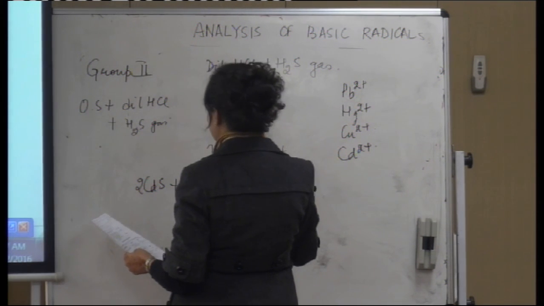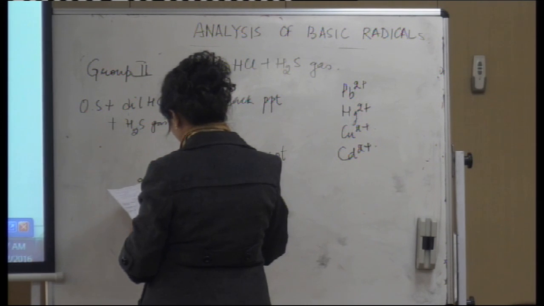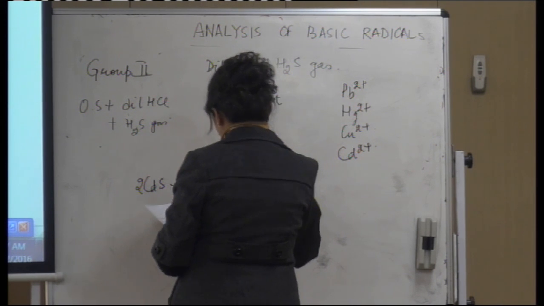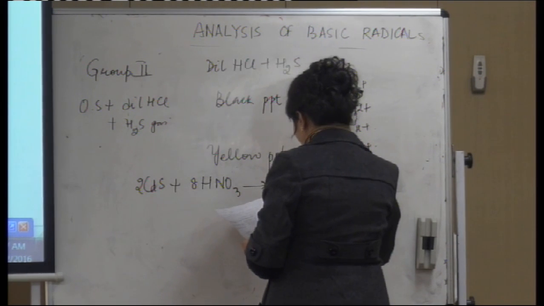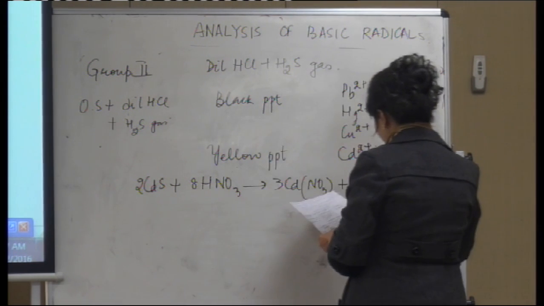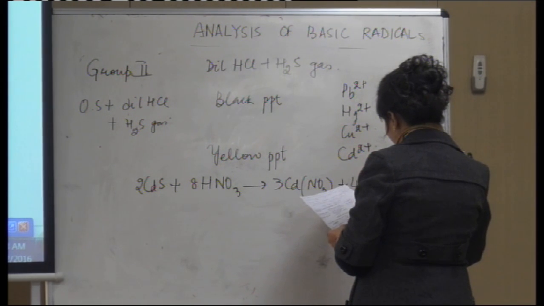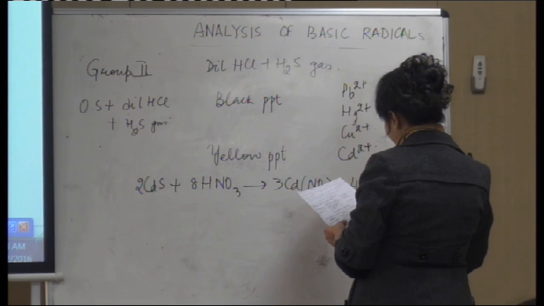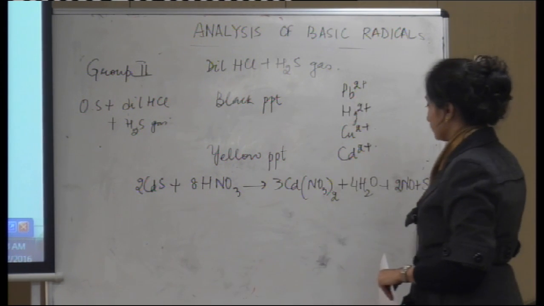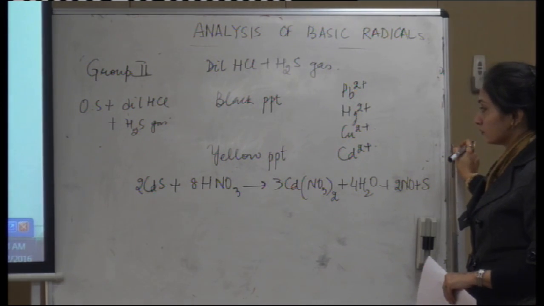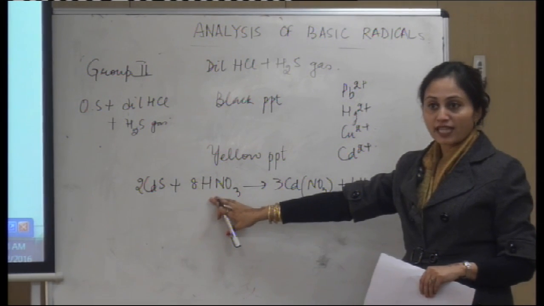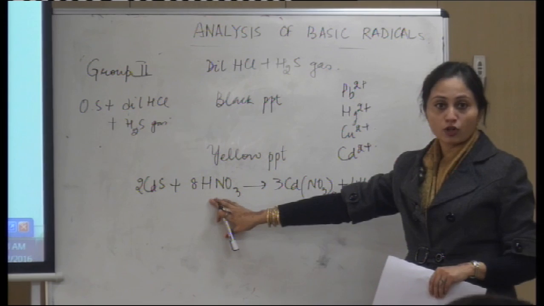You can write down that this yellow precipitate gets dissolved in 50% HNO3, and CdS plus HNO3 gives you cadmium nitrate, which is soluble, plus water plus NO plus S. This is soluble, which makes it soluble in nitric acid. This is 50% nitric acid, which is highly concentrated.